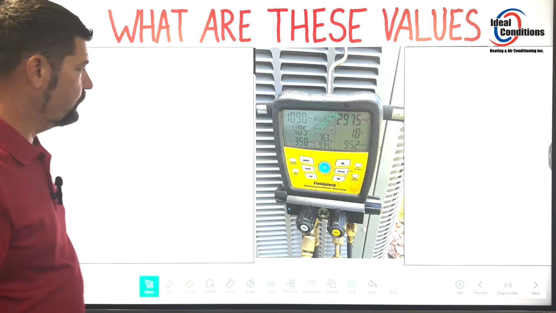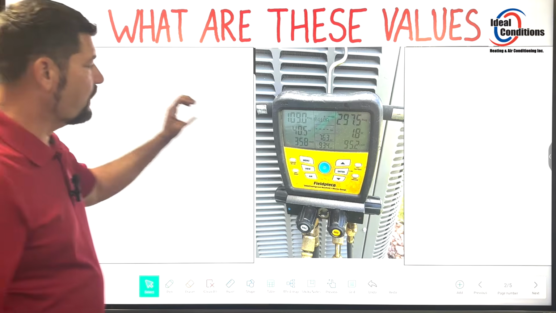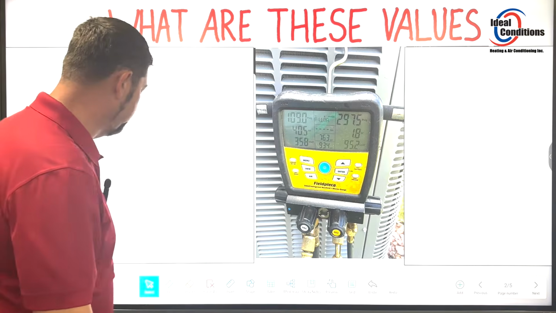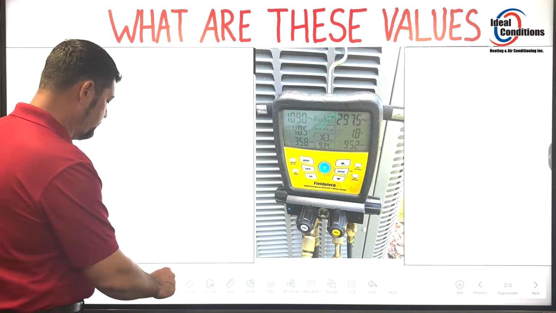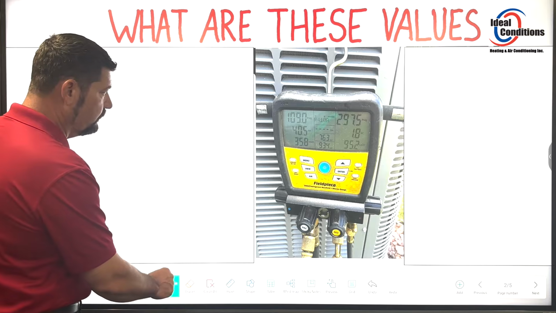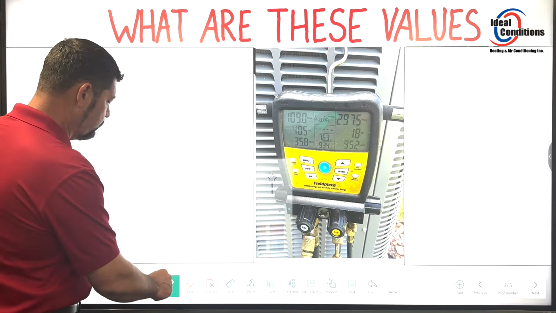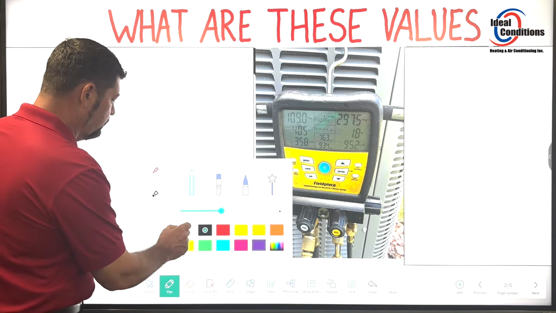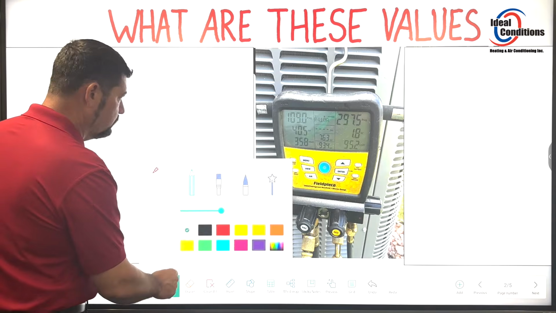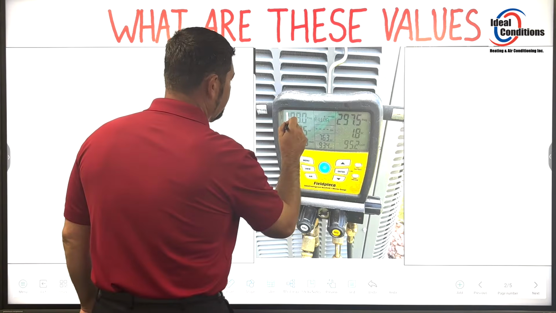Now, I know these values are hard to see, so I'm going to write over this display here with, you know what, I'll write over it with white. See how that looks?